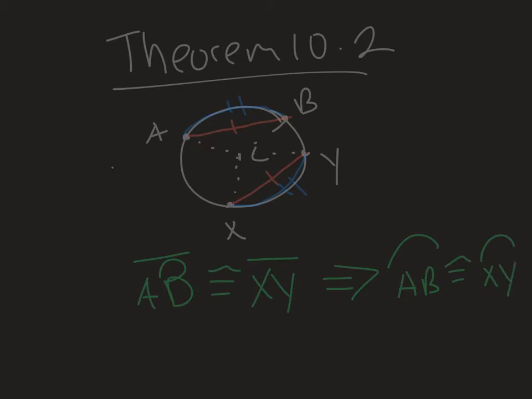And that goes both ways. If I start with the arcs, that also has to get me back to the chords being congruent. So if I'm writing a proof for this, I'll have to start with one, get to the other, and then start with the first, get to the second. So you'll in essence have to write two proofs on this one. So be thinking about that, think about what that really means.